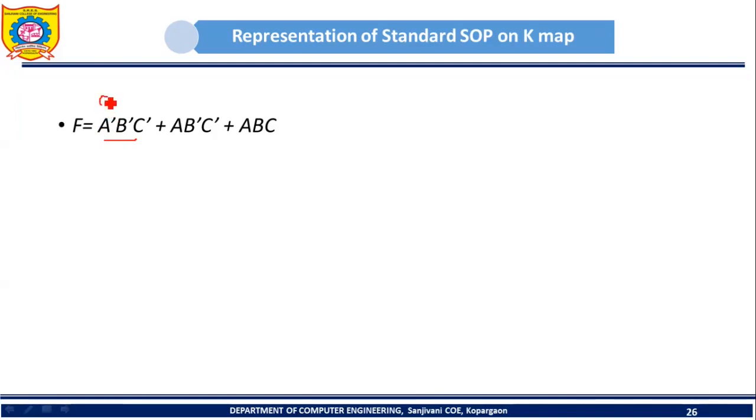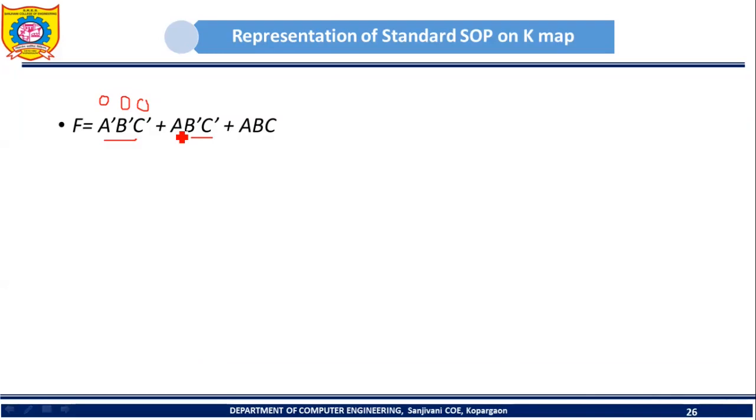It should be 0, because just now I told you that in case of min term 0 means complement. Here we have the complemented form of a, so the value of a will be 0. Here also we have the complemented form of b, so the value of b should be 0. And c is also in complemented form, so c should also have value 0. So for this min term, the values of a, b, c are 0, 0, 0. Then consider the next min term.